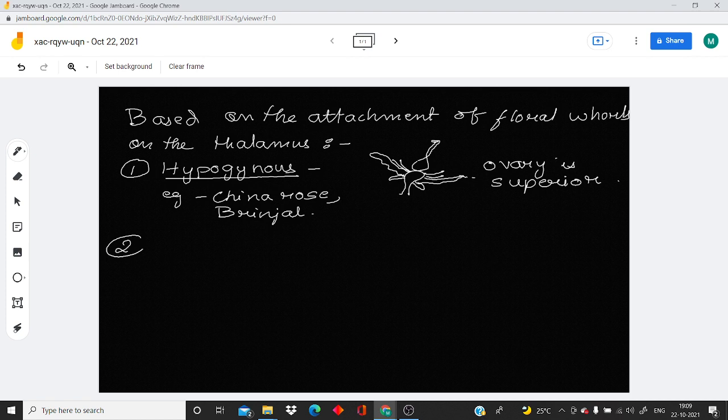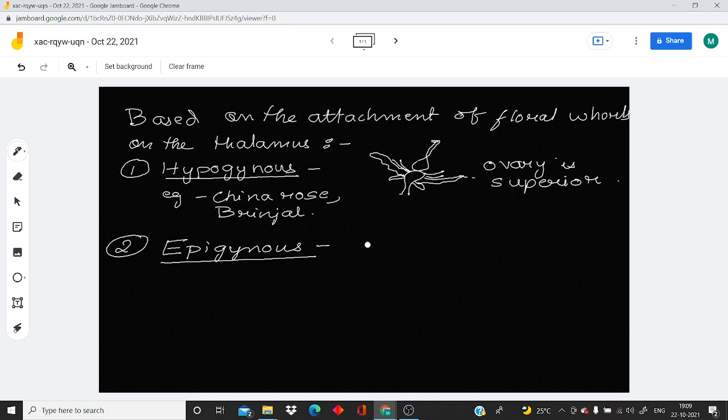Then the second case is called epigynous. In epigynous, what is the case? All the whorls are above the ovary. That means the ovary will be inferior. So the ovary has to be below all the other whorls.